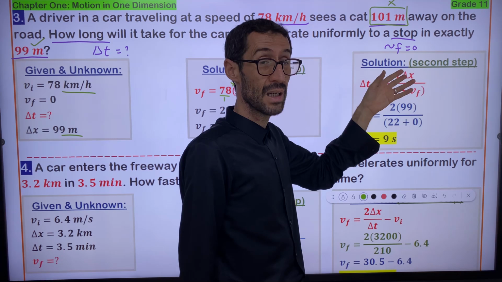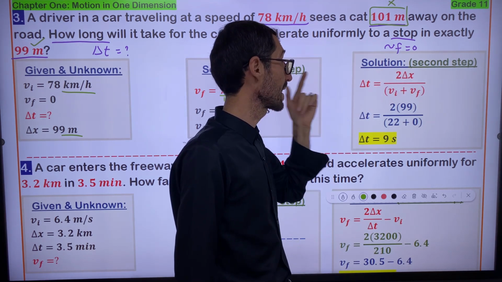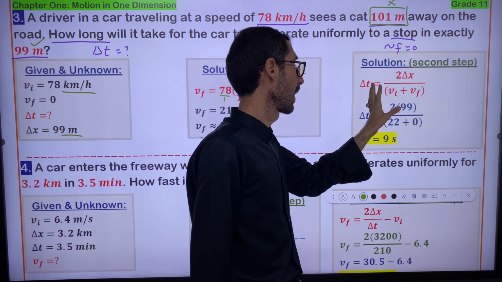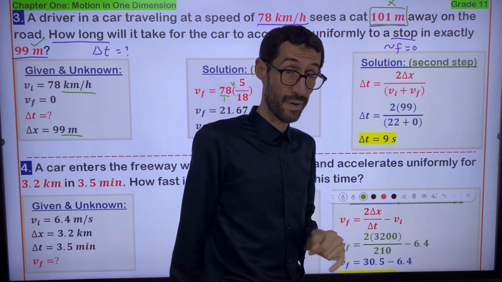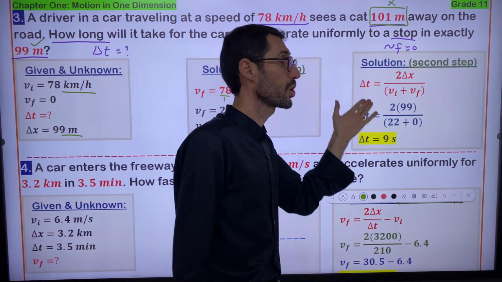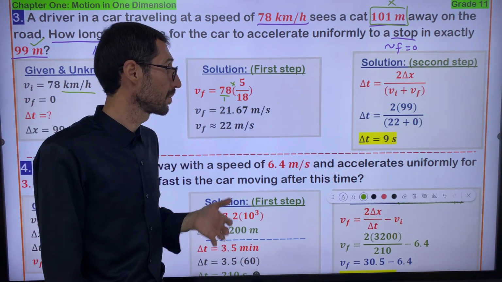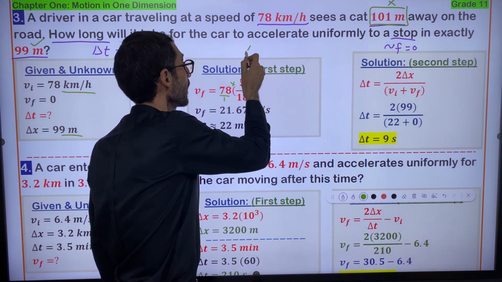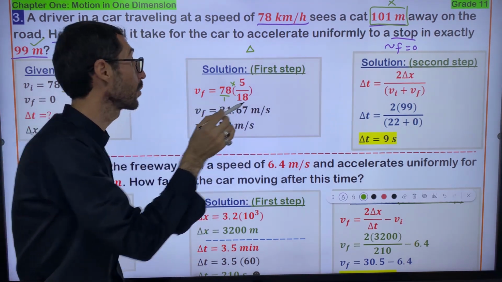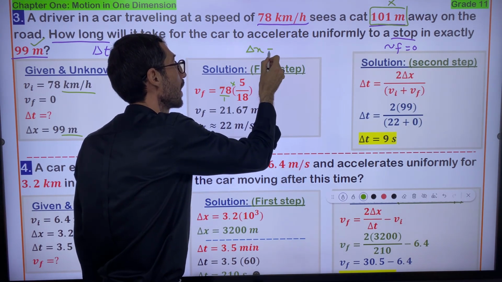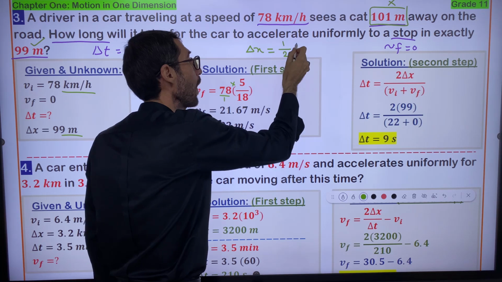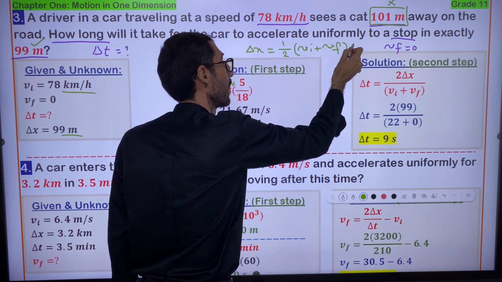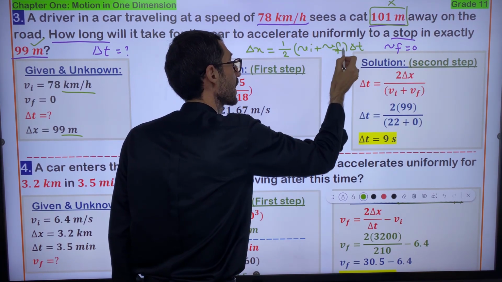After that, the second and last step: delta t is equal to 2 delta x over v initial plus v final. Maybe you say, teacher, where does this rule come from? Let me jog your memory to the original rule. What's the original rule? Delta x is equal to 1 over 2, or one half, times v initial plus v final, multiplied by delta t, right?